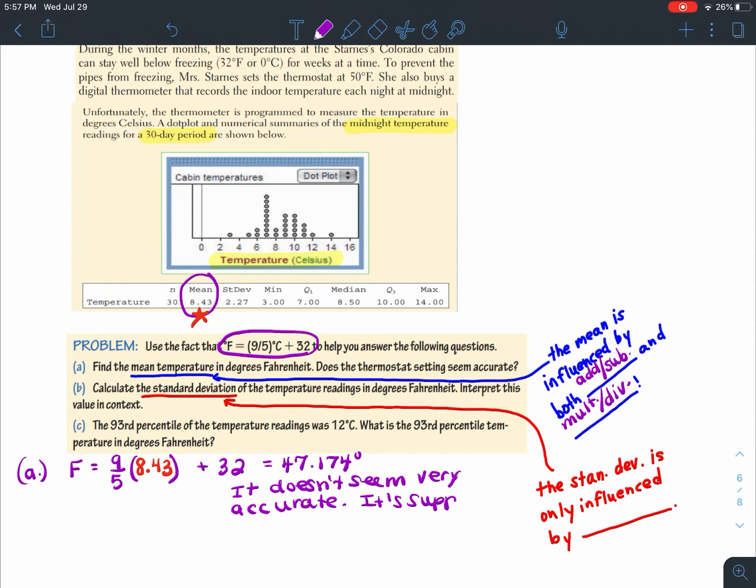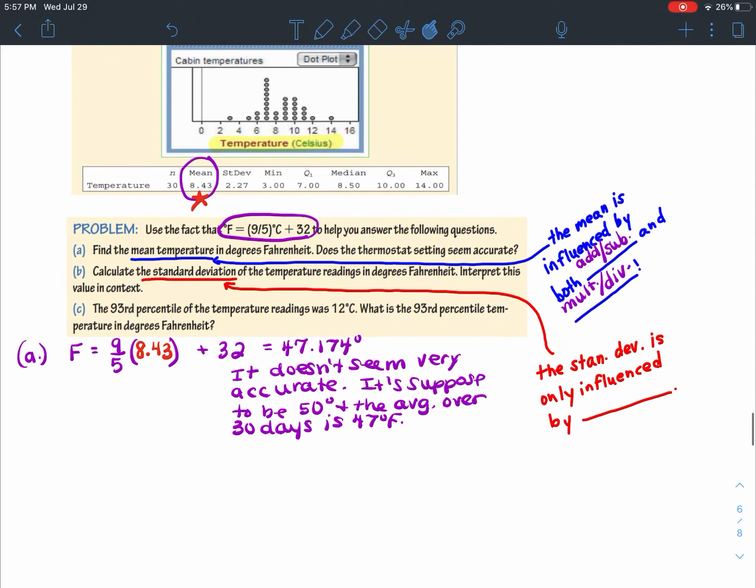It's supposed to be 50 degrees Fahrenheit, and the average over 30 days is 47 degrees Fahrenheit. Okay, it'd be okay if one night maybe it measured 47 degrees Fahrenheit, but when you're doing an average of 30, and the average is 47, it kind of feels like maybe that thermostat isn't quite working correctly.